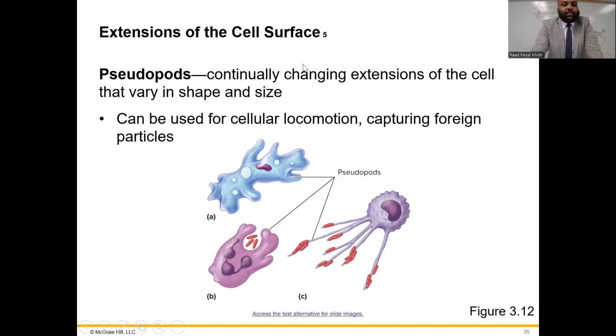Pseudopods. Pseudopods are continually changing extensions of the cell that vary in shape and size, and they can be used for cellular locomotion and capturing foreign particles. So we're going to go and hug all of these microbes and internalize them. And we're going to phagocytose them as phagocytes. So how do phagocytes work? We illustrated this the first day of class.